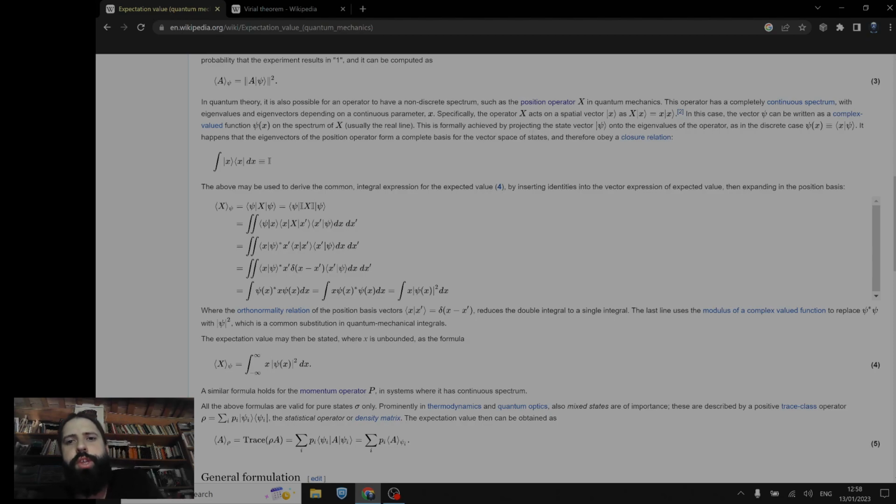It's formally achieved by projecting the state vector onto the eigenvectors of the operator, as in the discrete case. It happens that the eigenvectors of the position operator form a complete basis.